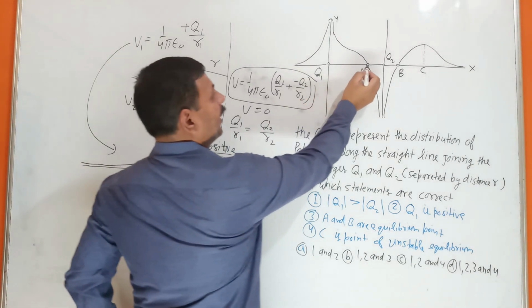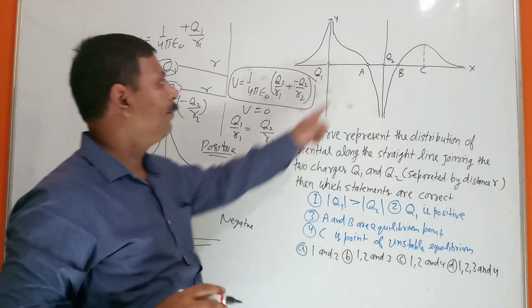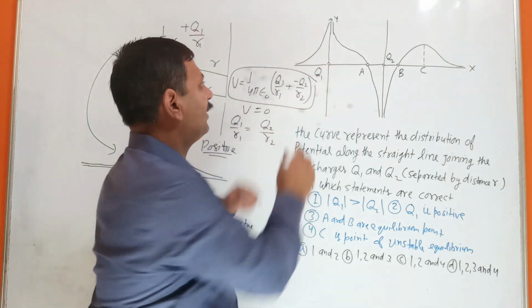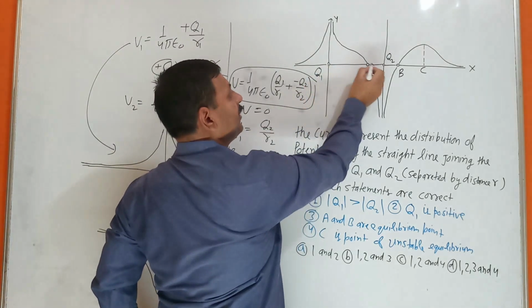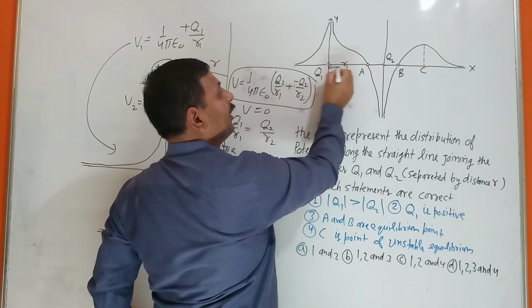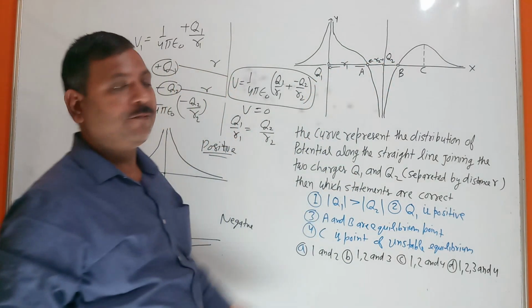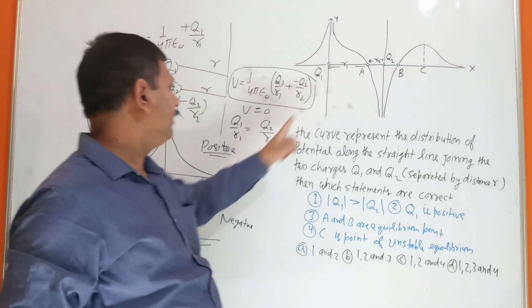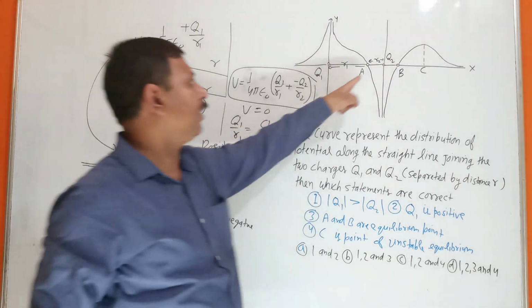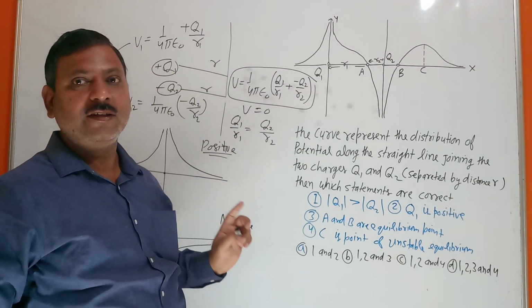So here you can see at point E, what happened? Potential is 0. So for point A, this distance is R1 and this distance is R2. Which distance is greater? R1 is greater, that means Q1 is greater. R2 is smaller, that means Q2 is smaller.